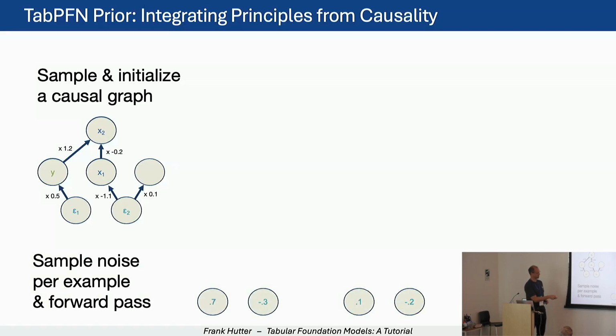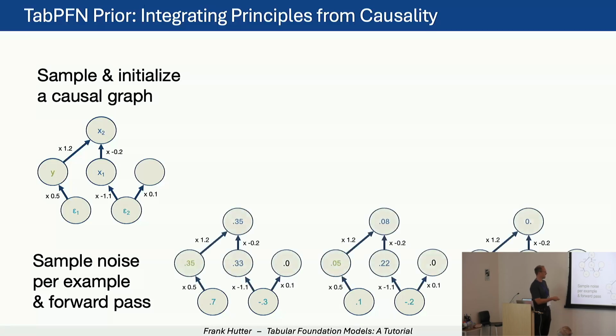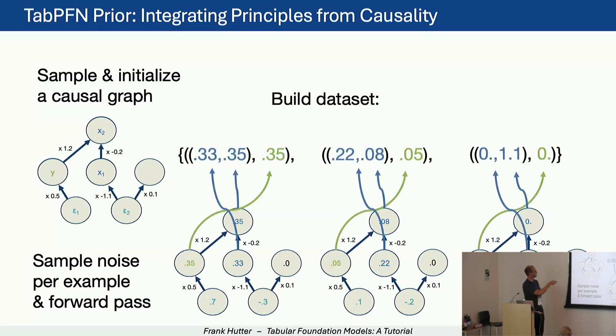So here we have 3 different inputs, different random values for these inputs, and we just push them through the deterministic structural causal model. This is actually a PyTorch graph that we can push it through. And then we just read off, okay, this here is 0.35. That's supposed to be the Y value. This is supposed to be X1. That's supposed to be X2. We have sampled the data point and 2 more data points here.